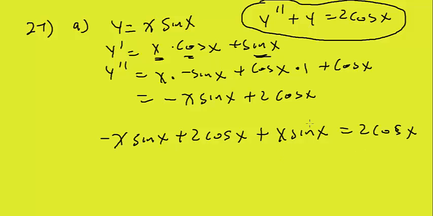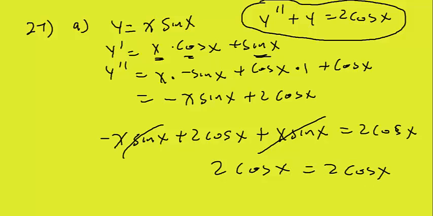Of course, this and this cancel. I get 2 cosine x equals 2 cosine x, and that is true.